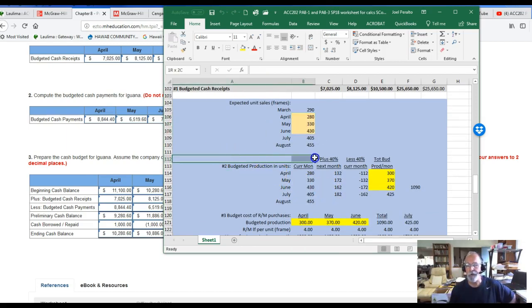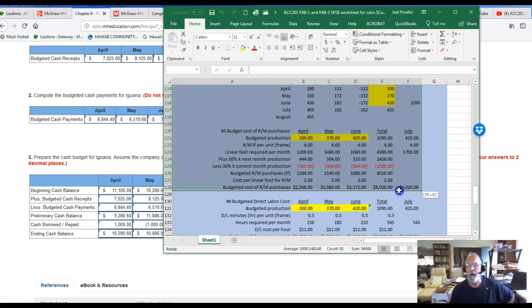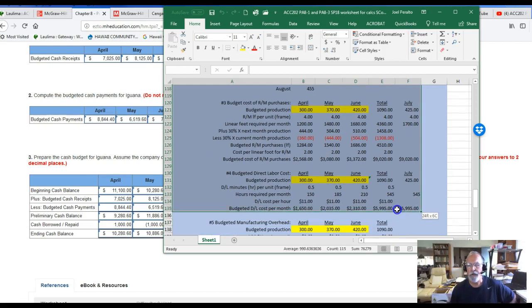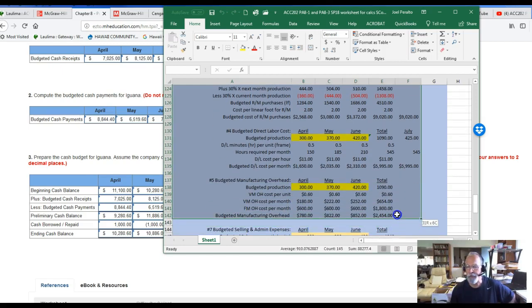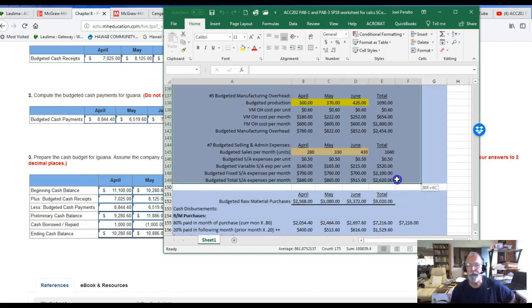Now, for this part of the problem, where we are coming up with budgeted production for the 3 months, budgeted cost of raw material purchases, budgeted cost of direct labor, budgeted manufacturing overhead, and budgeted selling and administrative expenses, the calculations we go through to come up with this information is exactly what we did in coming up with that information in problem PA8-1.